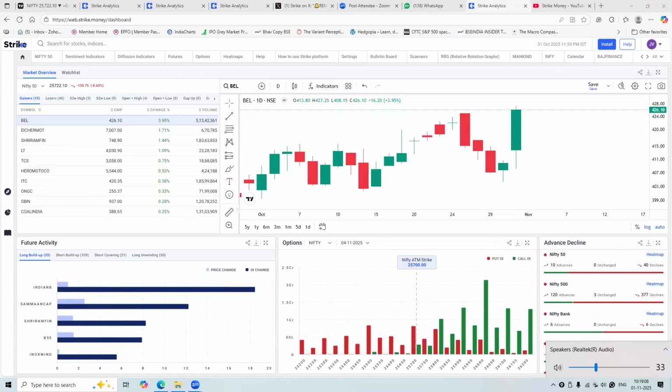Hi Jay. Thank you. You're doing wonderful work in explaining the Strike platform. Please continue doing that. Now, actually, I never thought futures and options or rollover would have an effect on the cash market, as I don't deal with any futures and options.